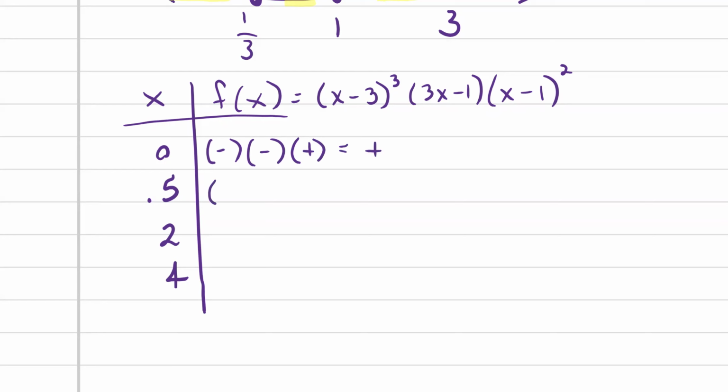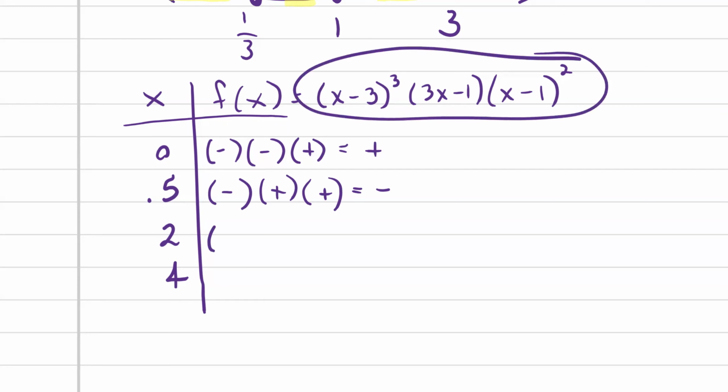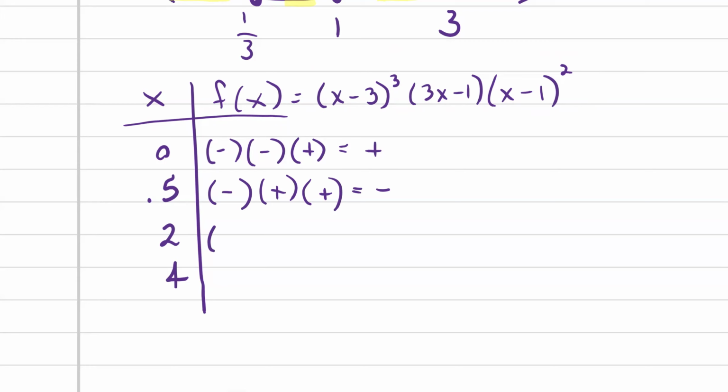Try that for 0.5. 0.5 minus 3 to the third, definitely negative. 0.5 times 3 minus 1, what is that? 1.5 minus 1, that's a positive. And then the last one will always be positive because we're squaring. So this ultimately is negative. Now plug in 2. Again, I'm plugging into this function here. So 2 minus 3, negative 1, that's negative. 3 times 2 minus 1, that's positive.